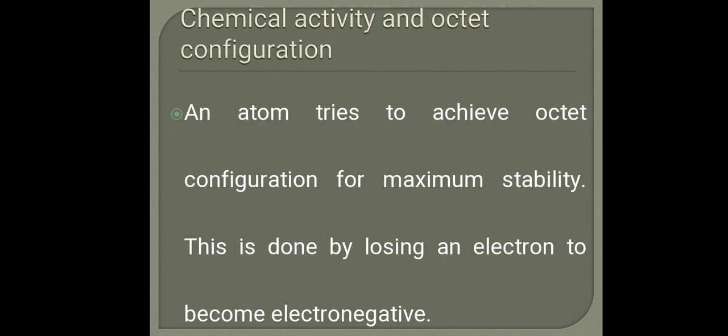Chemical activity and octet configuration. An atom tries to achieve octet configuration for maximum stability. This is done by losing an electron to become electropositive.